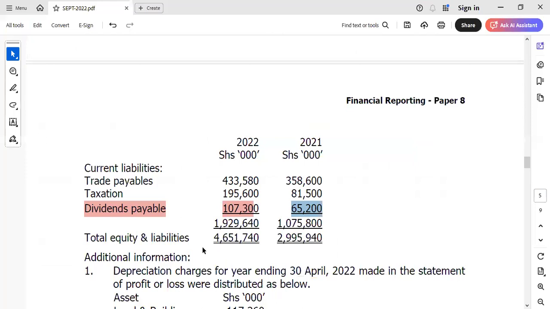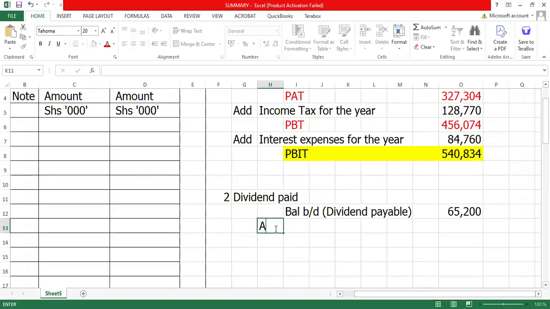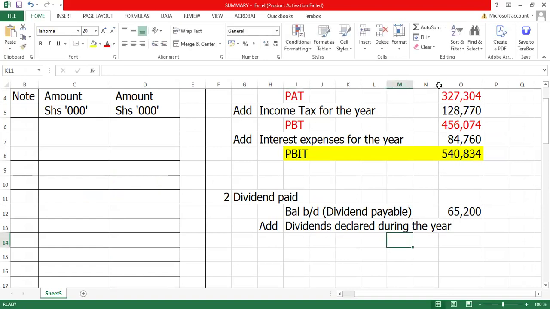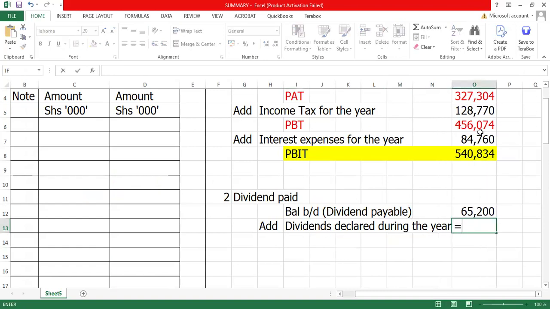Now, that was at the start of the year. Then during the year, the company declared some dividends again. So you add what the company declared during the year. What was declared during the year is how much?